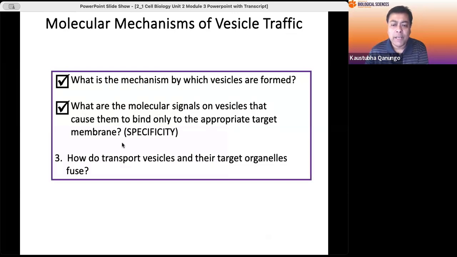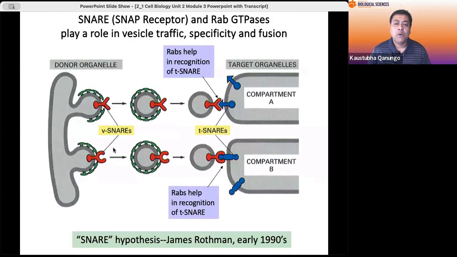What are the molecular signals that cause vesicles to bind to only the appropriate target? This is the membrane specificity, and how to transport vesicles to their target organelles and actually fuse. So we are going to talk about this. The proteins involved are called SNAREs. SNARE is a SNAP receptor, and along with RAB GTPases, they play a role in vesicle traffic, specificity, and fusion. So what happens?